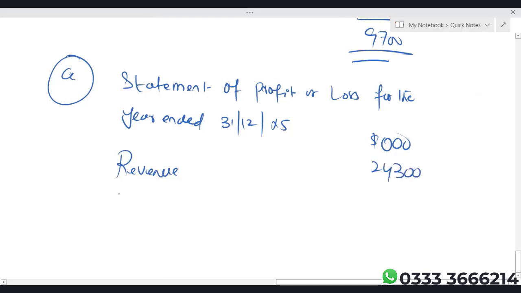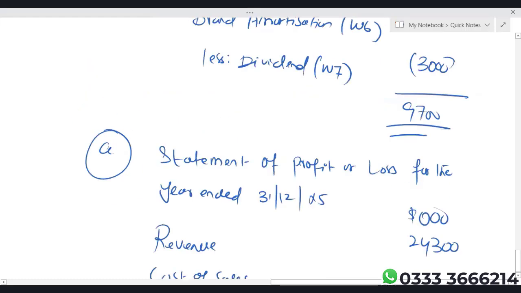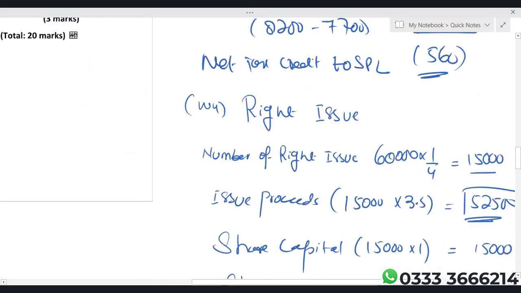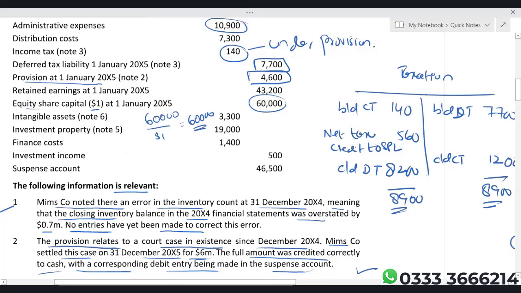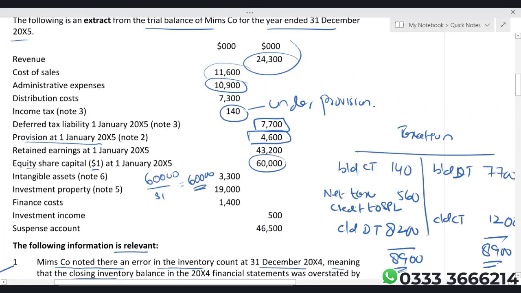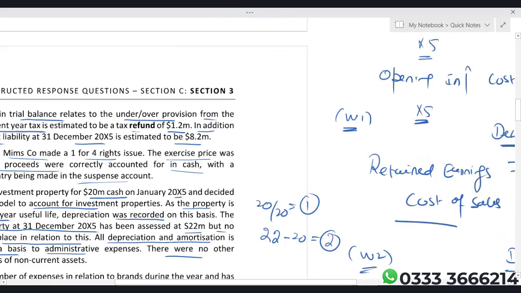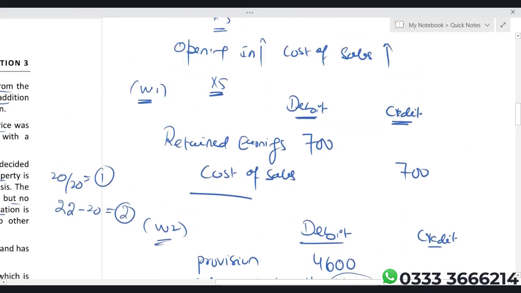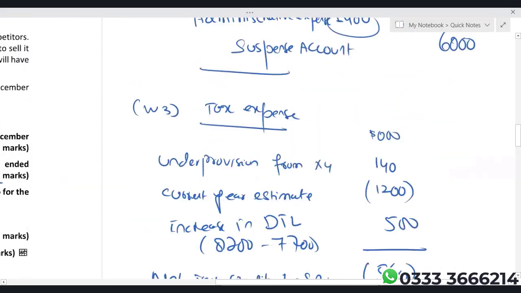Now let's go for cost of sale. Cost of sale given in the trial balance is 11,600, and from this we'll deduct 700, working 1.